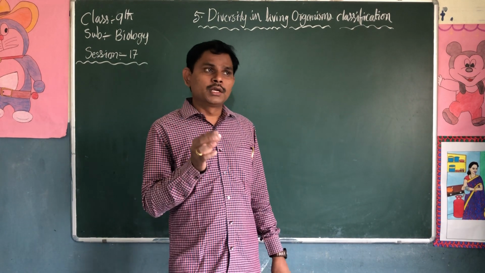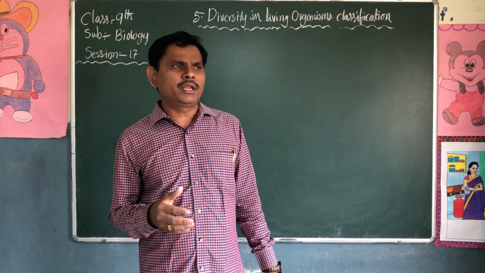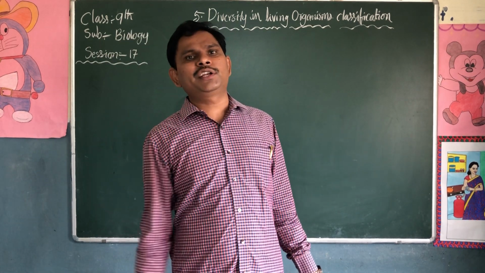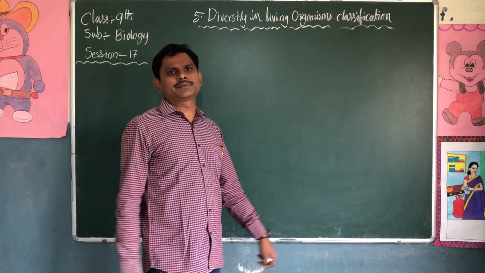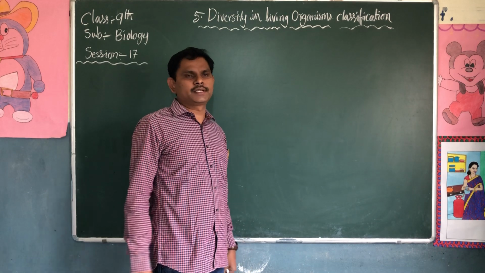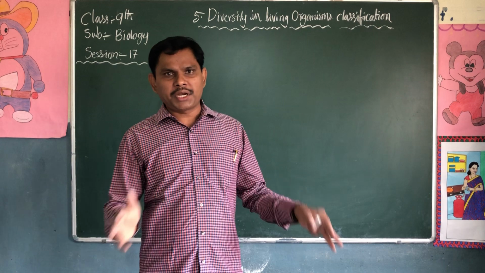The organisms live in very hot conditions, and even at minus degrees centigrade also. We can see there are different types of organisms in the world. That's why it is necessary to divide and separate them.